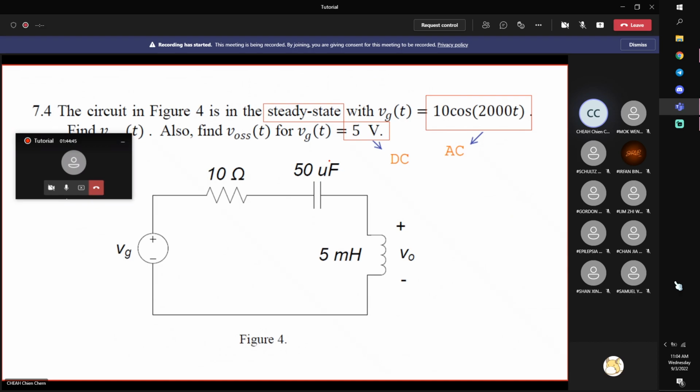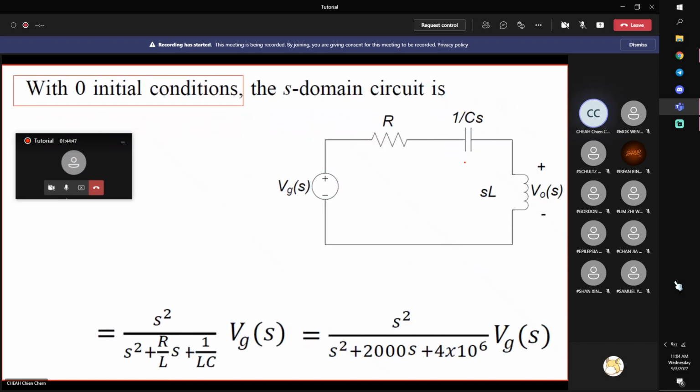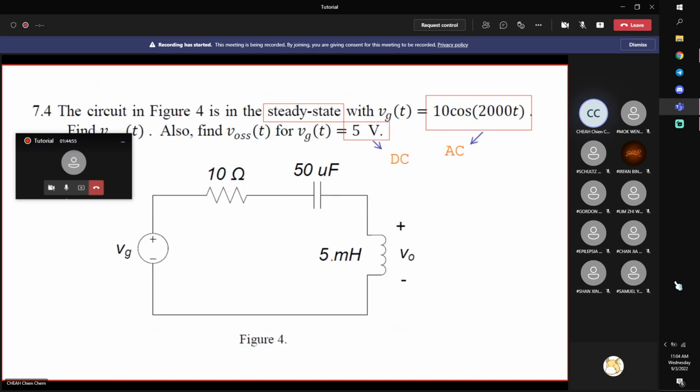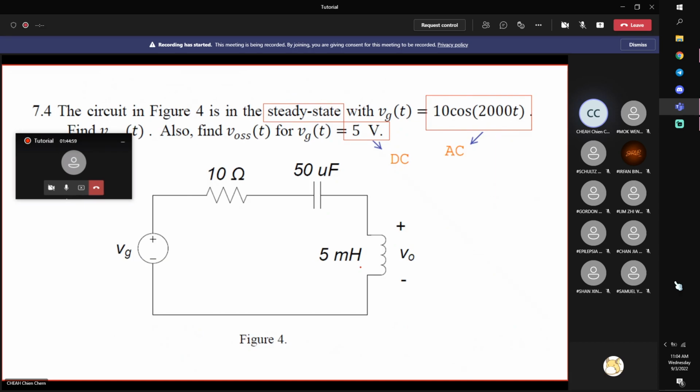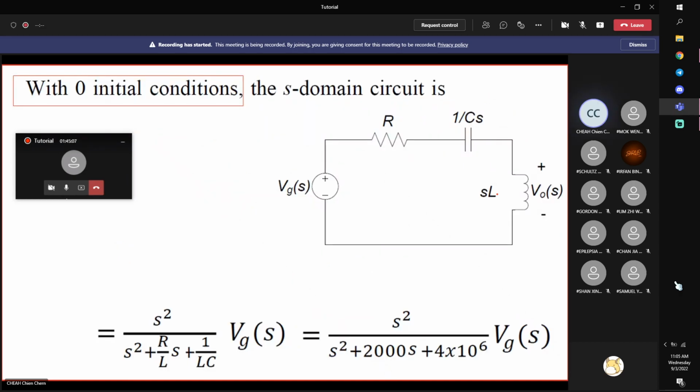1 over SC for the capacitor gives you this, right? You can either put in the numerical values or keep it general, up to you. And inductors will become SL. Since this deals with some milli, 10 to the power -3, I'll just put L first, and later on we simplify it.